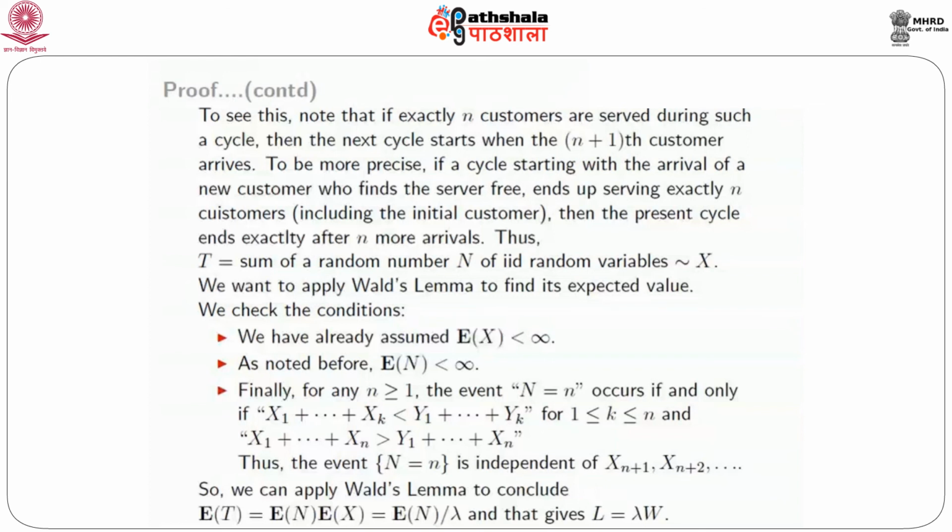Thus, this shows that the event capital N equal to little n is naturally independent of X(n+1), X(n+2) and so on. So we can easily apply Wald's lemma to conclude that E of T is E of N times E of X, which is equal to E of N divided by lambda, and that gives that L is actually equal to W.